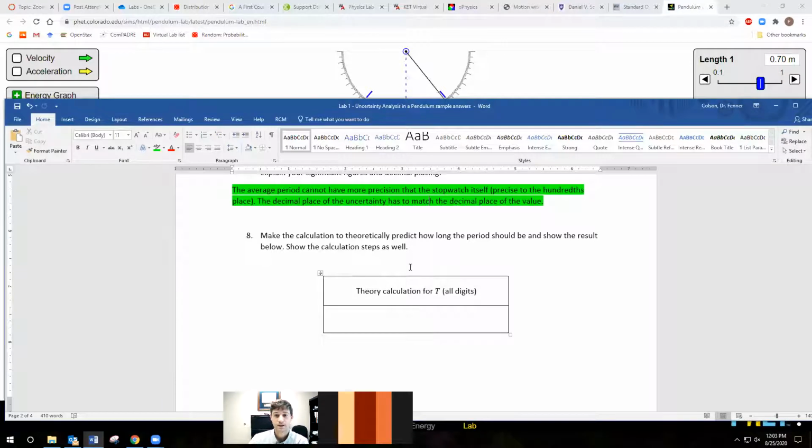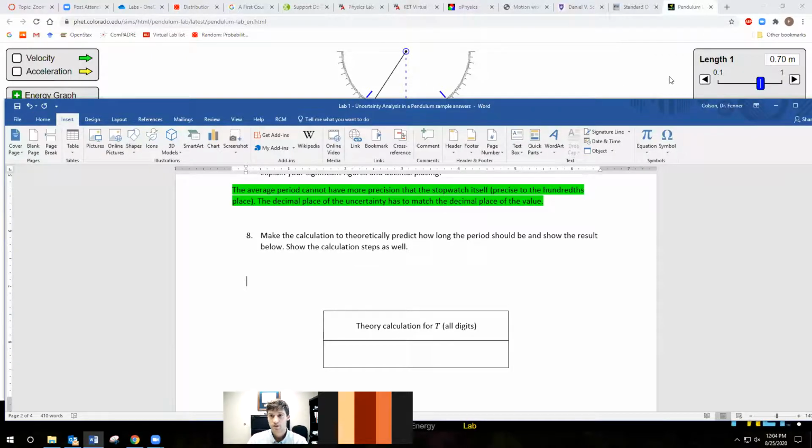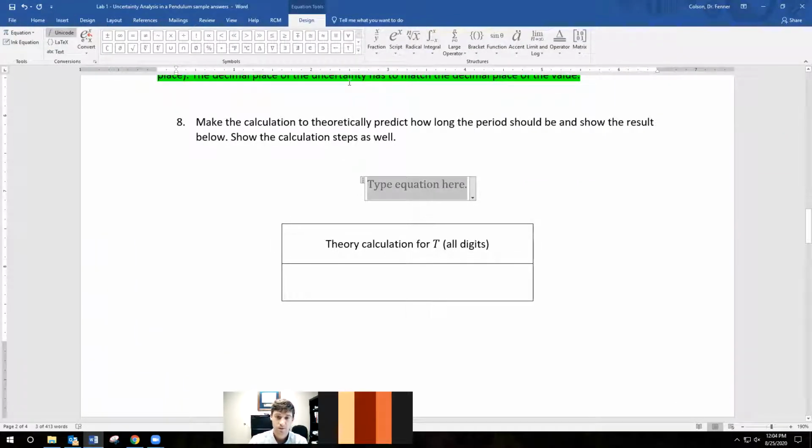All right, then next is the theoretical calculation for the time. So our equation for the period of a pendulum, which was at the beginning of the lab, but we can repeat again here.